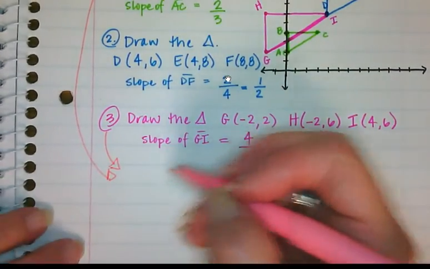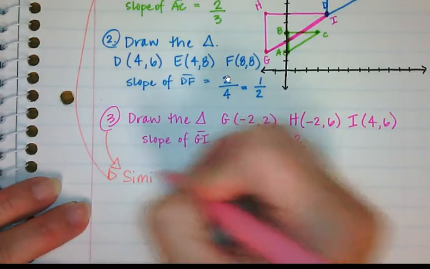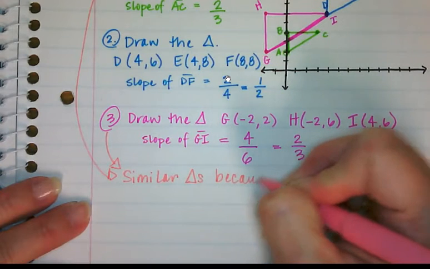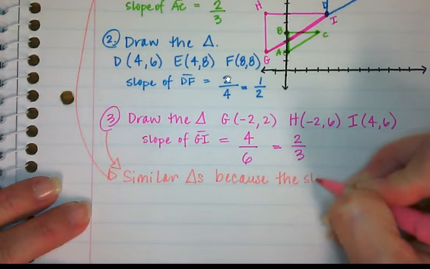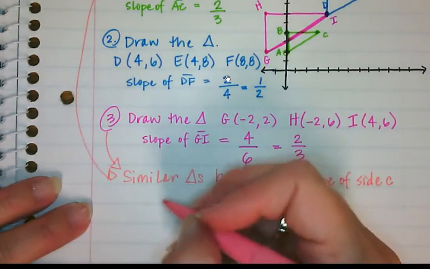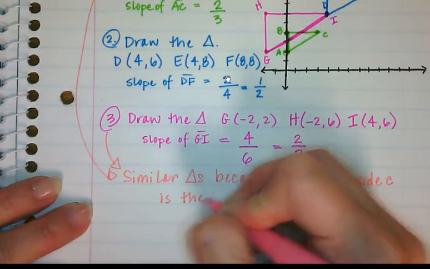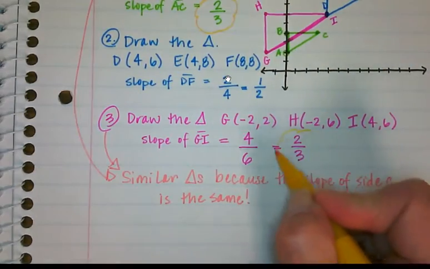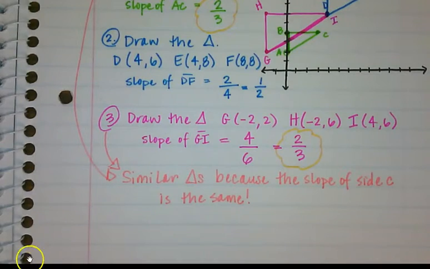So, let's say that those are similar triangles because the slope of side C is the same. So remember, we're talking about right triangles here. And then we're comparing the slopes of the hypotenuse, which is side C. And we know that those slopes are the same, which then tells us that those two triangles are similar.